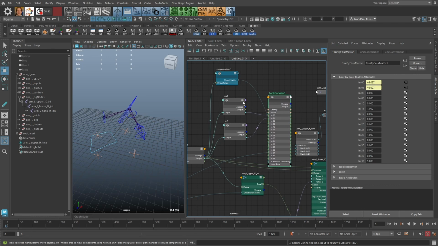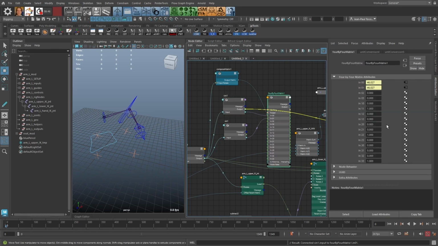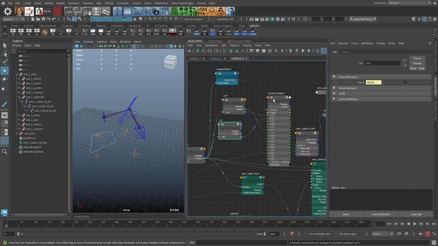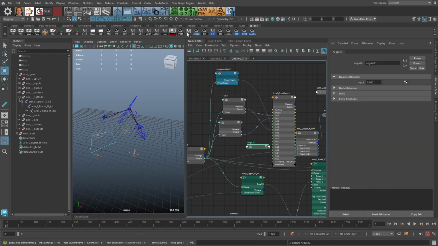And then for the y basis vector, the cosine, which solves to 1 with an angle of 0, we should plug into the value that has the 1, so the 1, 1, the y component of the y basis vector. And then, remembering the matrix video, we have to negate the sine value.